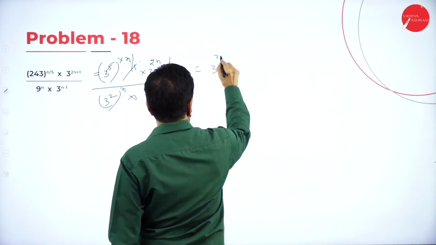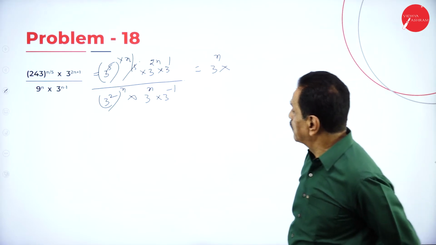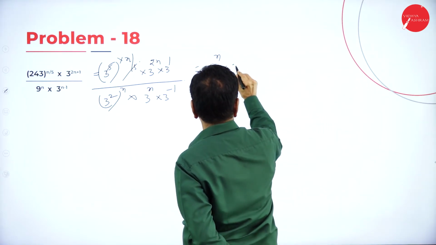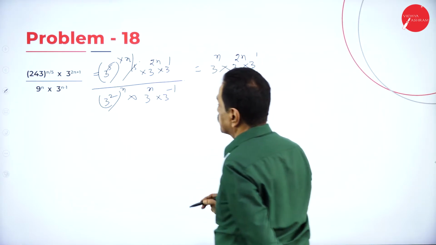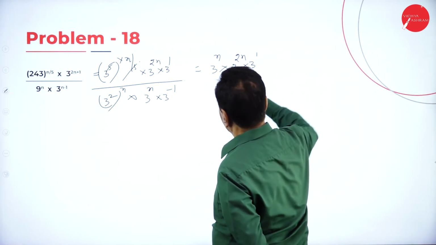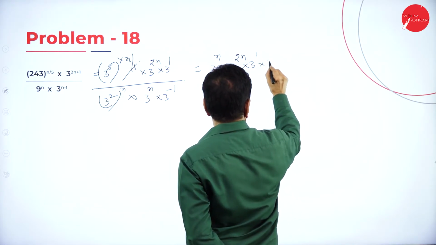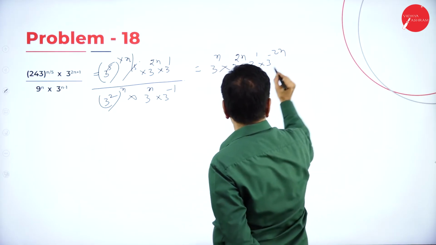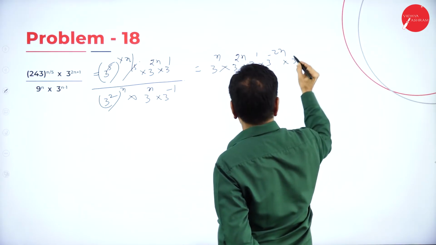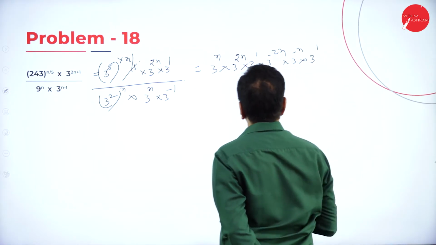What is left over? 3 to the power of n. So I cancelled out n. 3 to the power of 2n, 3 to the power of 1. This is 2n. If you come that side, no. Minus into 3 to the power of minus 2n plus into 3 to the power of minus n minus 1, 3 to the power of 1.